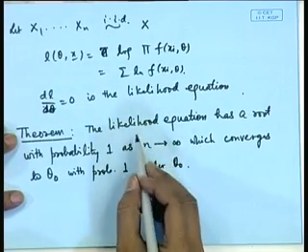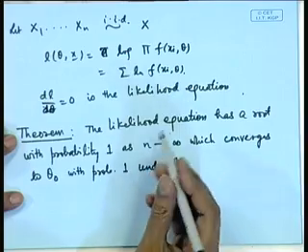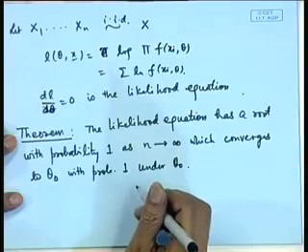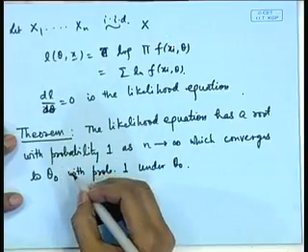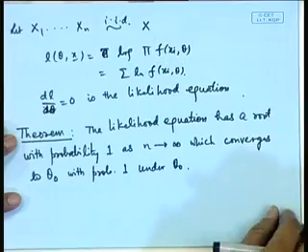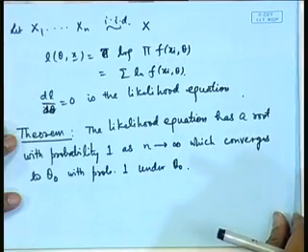So, this is an important result, that is under certain regularity conditions the maximum likelihood estimator can always be found, and it also converges to the parameter with probability 1. That means, it is also consistent.